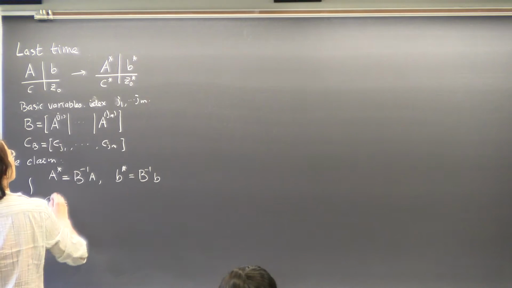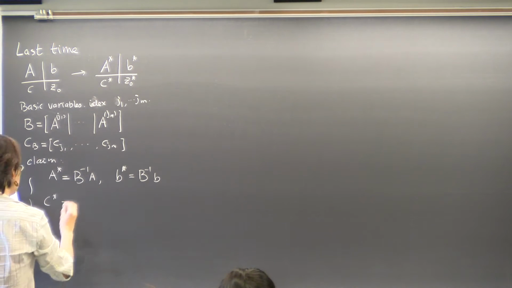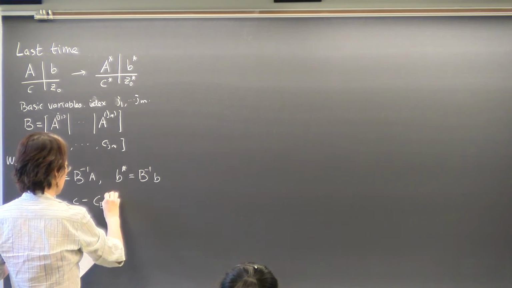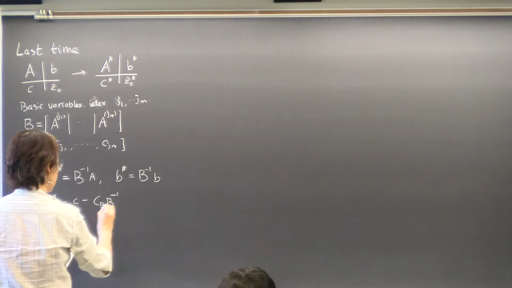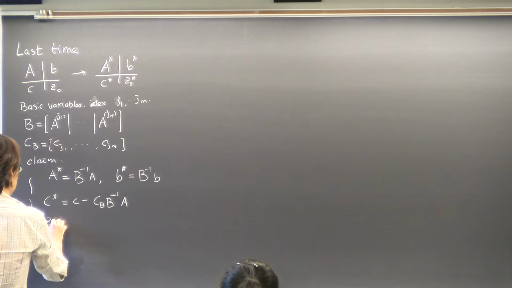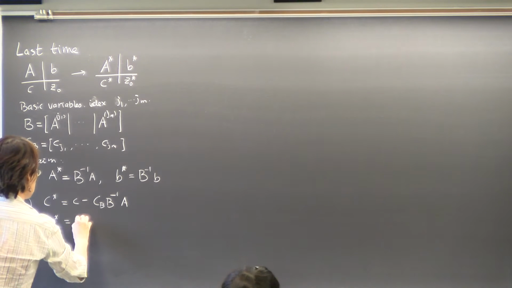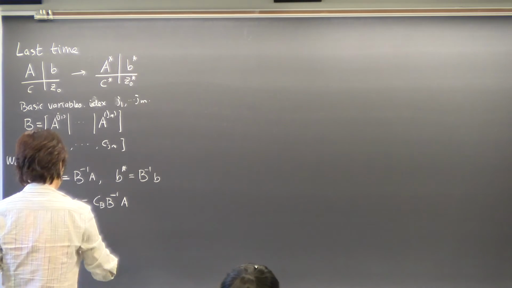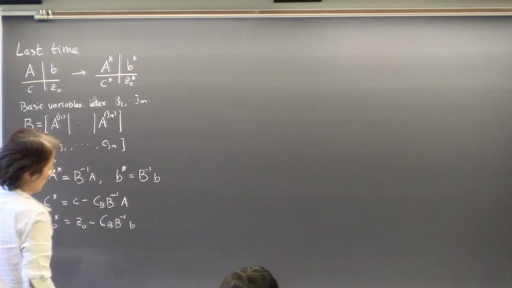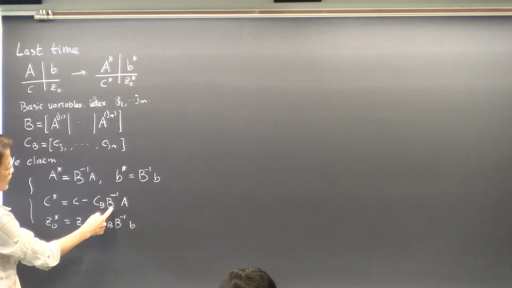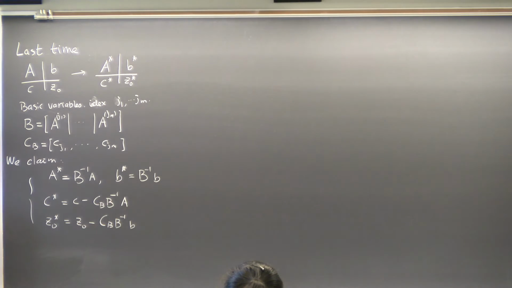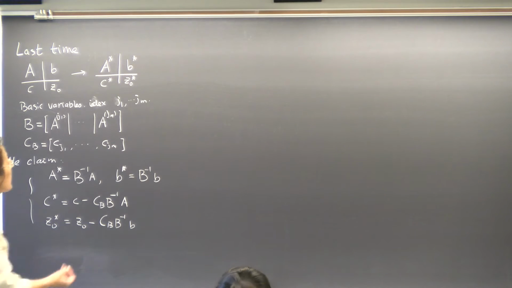C star, this vector here, will be the original vector minus CB B inverse A. And the Z is changed also: Z naught minus CB B inverse B. Then you see B inverse A is just A star, and B inverse B is just B star. All right, so we're going to prove this.